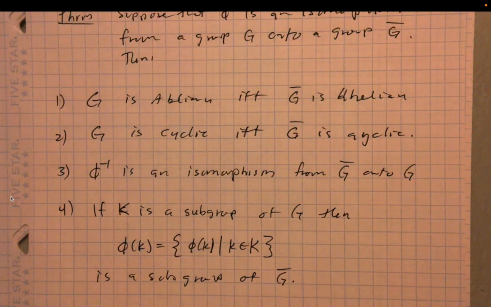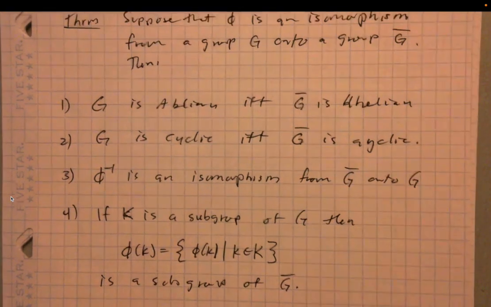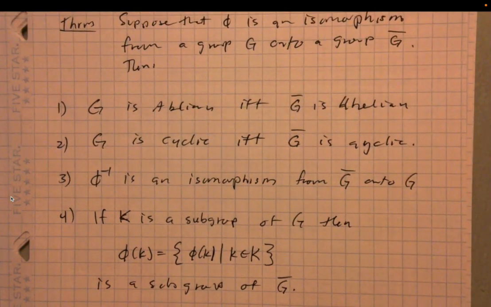Okay, so these are some of the key properties of isomorphisms acting on a group. Most of these, with the exception of maybe 3, 1, 2, and 4, are just obvious consequences of G and G bar having the same structure.